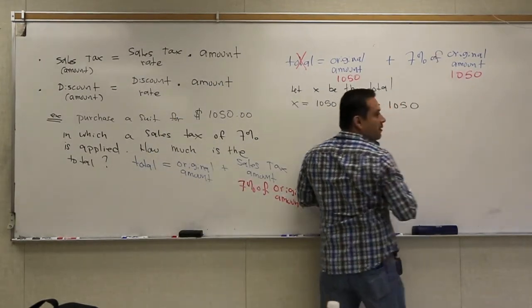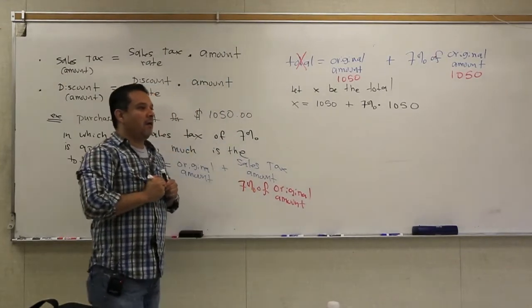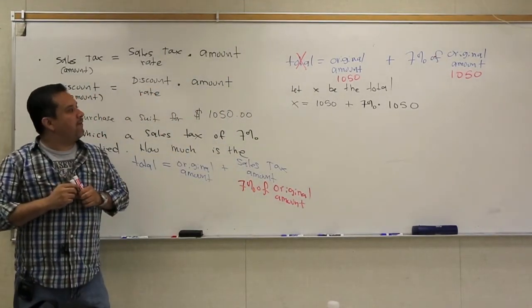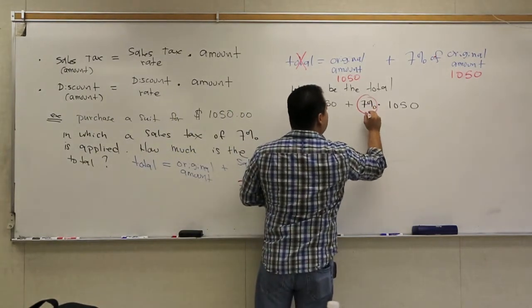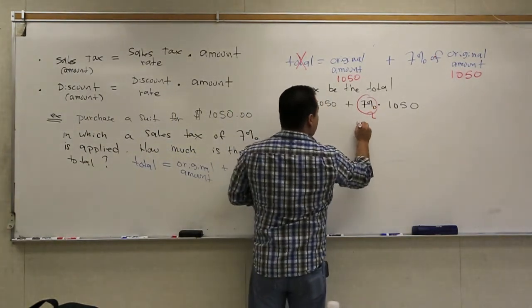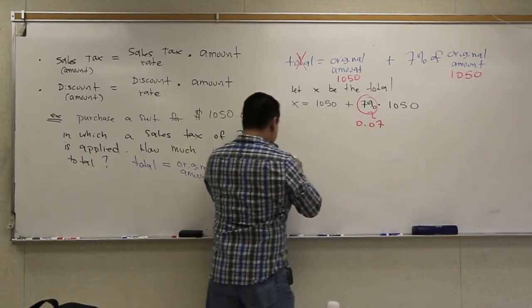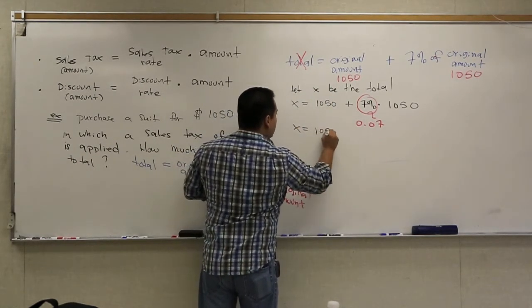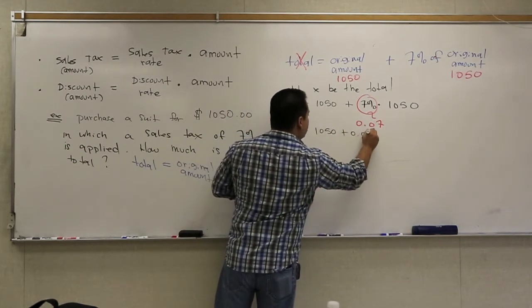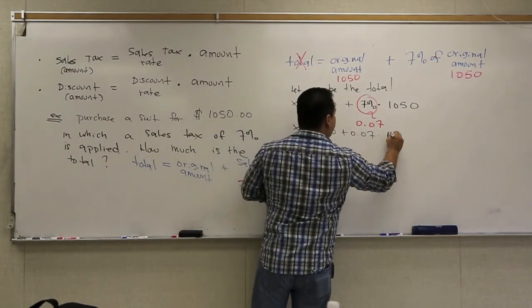Is that right? You guys okay with that? 7% of 1050. And again, what is 7%? How do you write 7% as a decimal? 0.07. So what you have now is that x is going to be 1050 plus 0.07 times 1050.